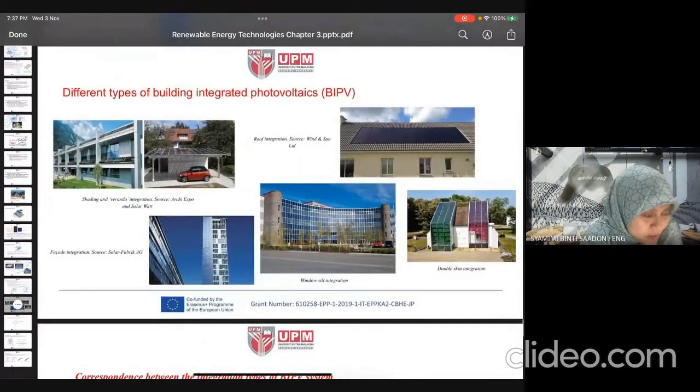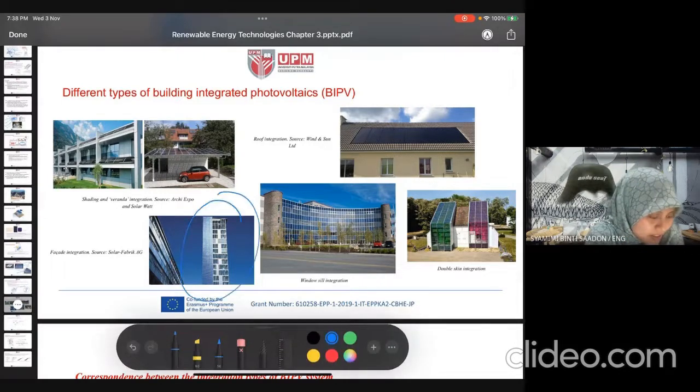Different types of building integrated photovoltaics. There is shading integration, not really like a rooftop, but shading or veranda integration, like a porch. There is also the roof, the typical one. This one is the facade integration.